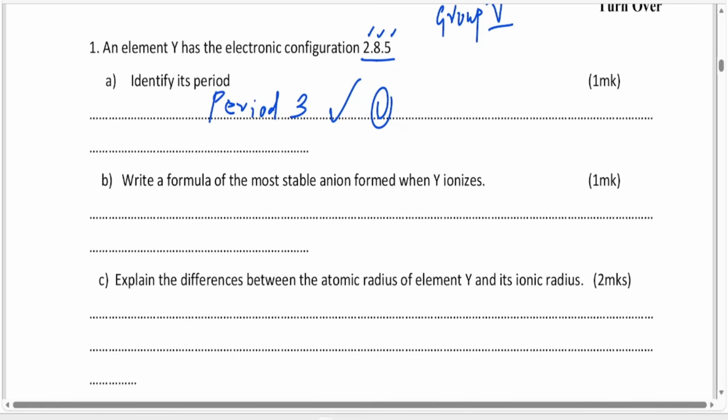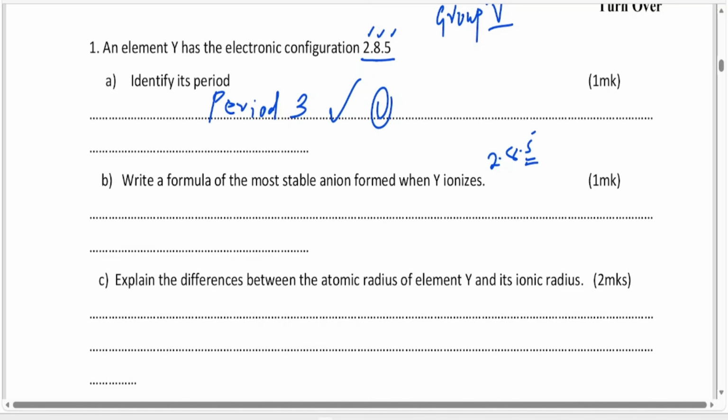Moving to question part B. Write a formula of the most stable ion formed when Y ionizes. Looking at this particular element with electron configuration of 2, 8, 5, it reacts by gaining 3 electrons. It will be very hard for this element to react by losing the 5 electrons rather than gaining 3 electrons.